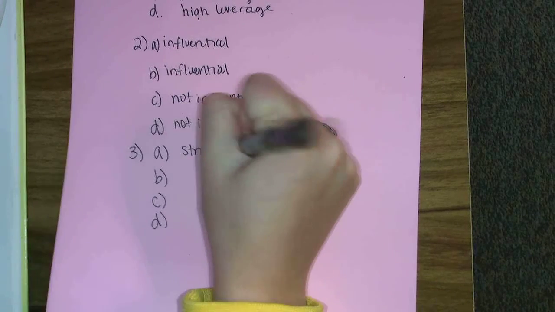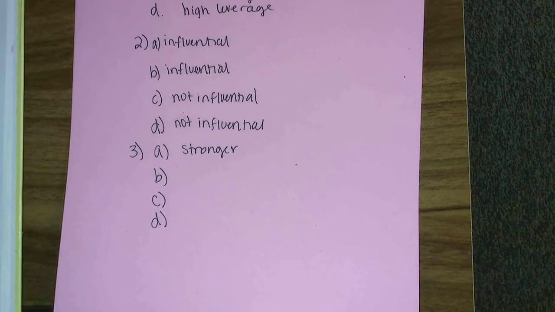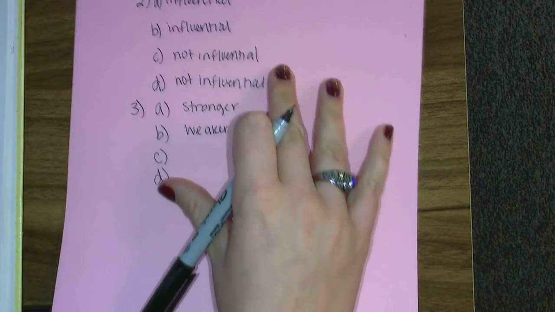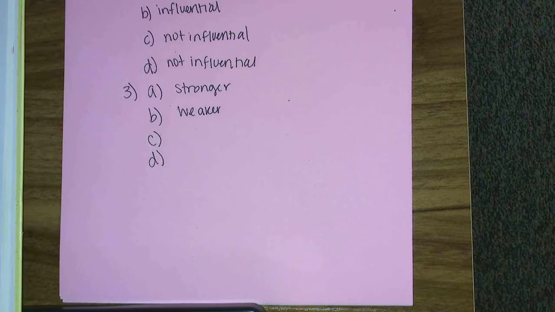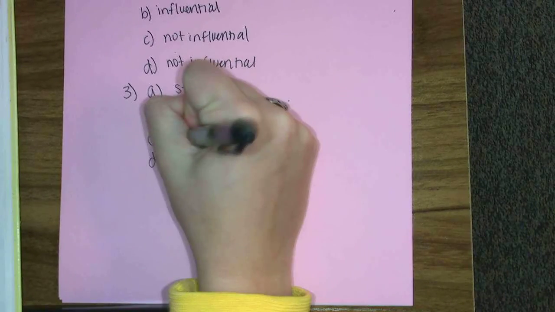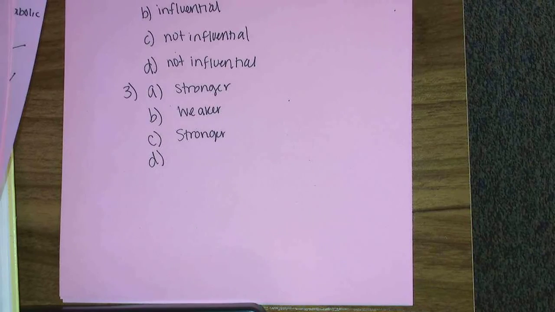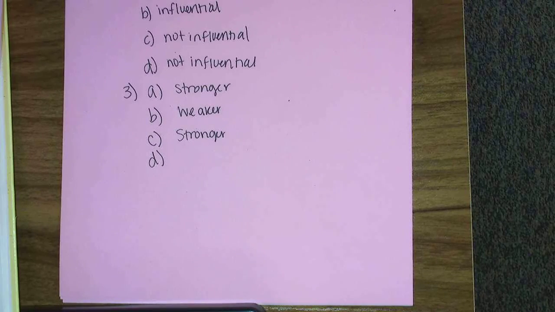B. Yeah, weaker. Okay, because it's kind of way out there. Not really in the direction that we're going. C. Stronger. And D.